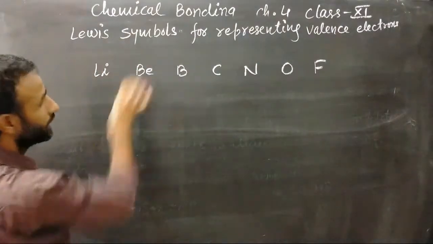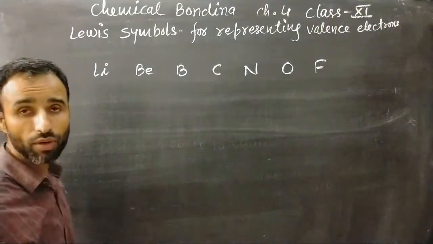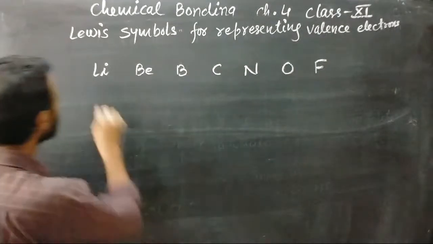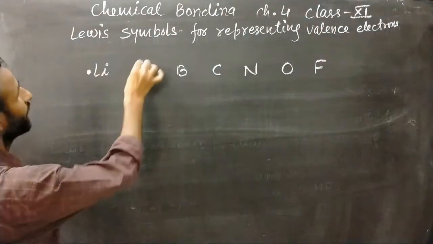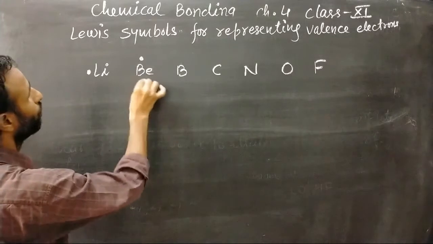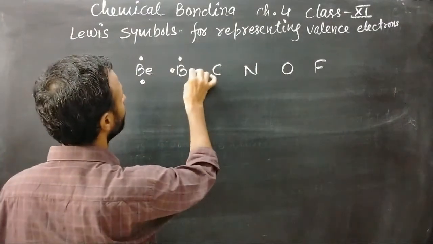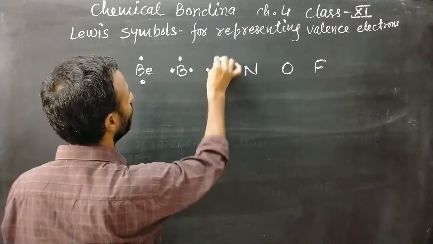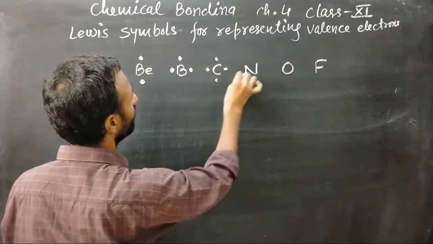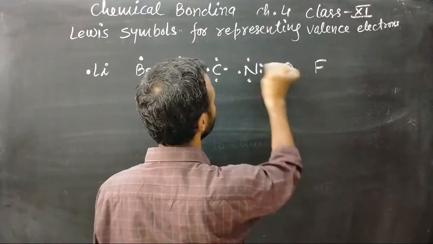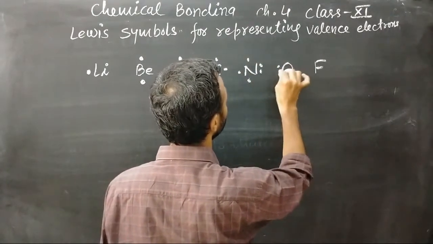In lithium, we have how many valence electrons? 1. So, these dots represent the number of valence electrons. So, with dots, it becomes a Lewis symbol, and this is also known as an electron dot symbol.